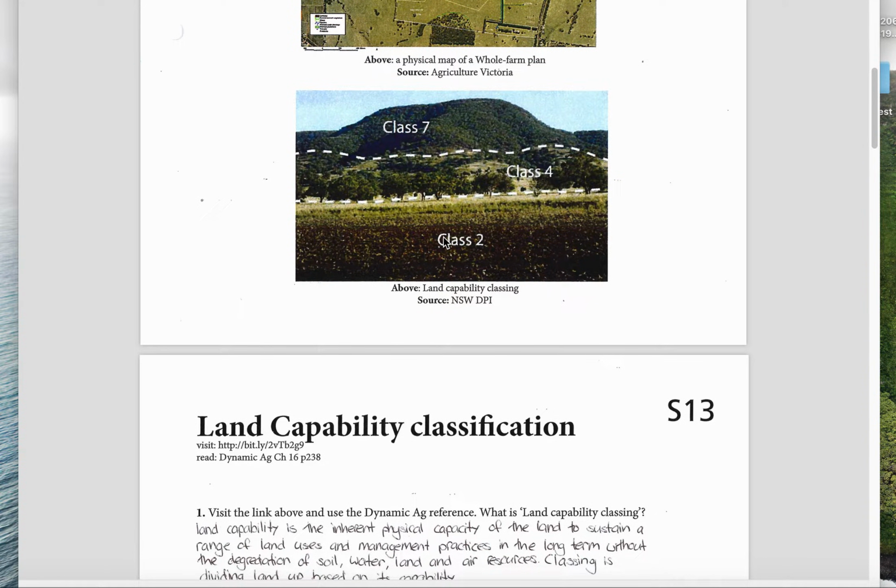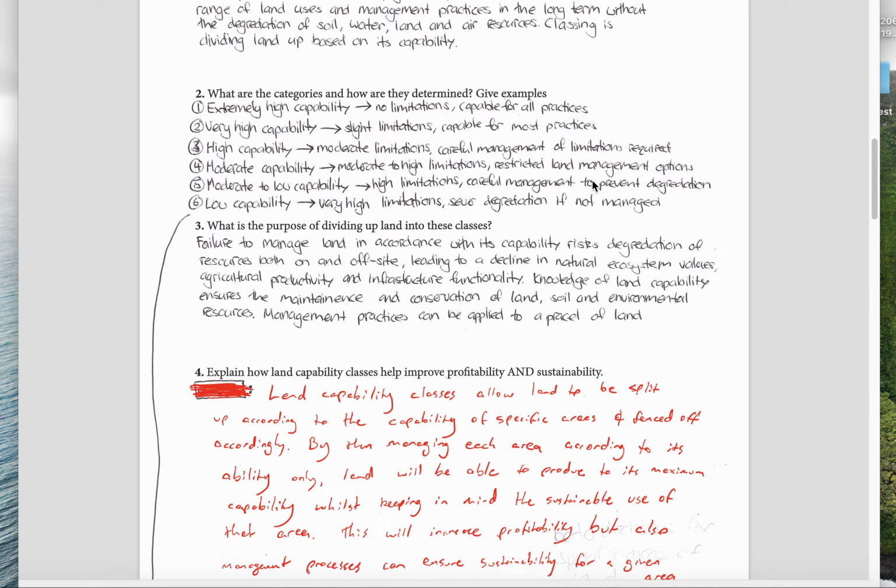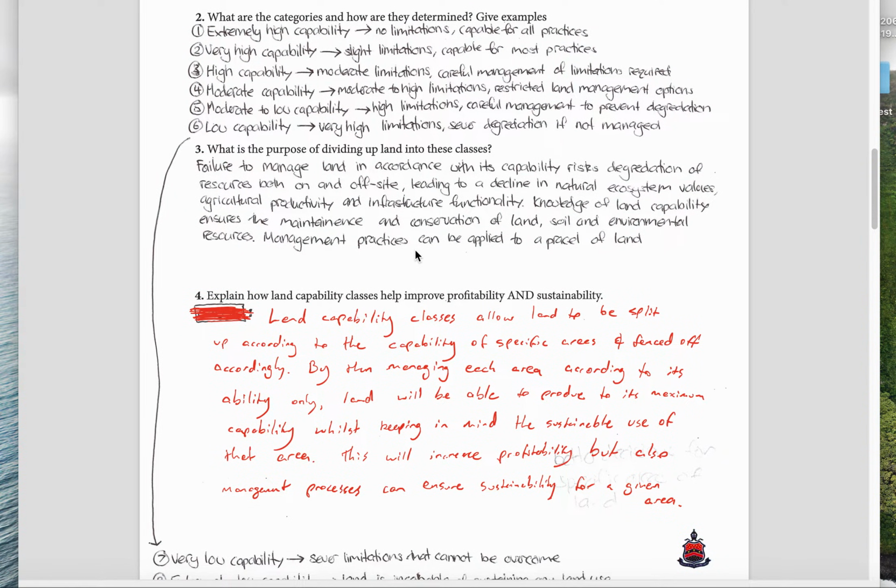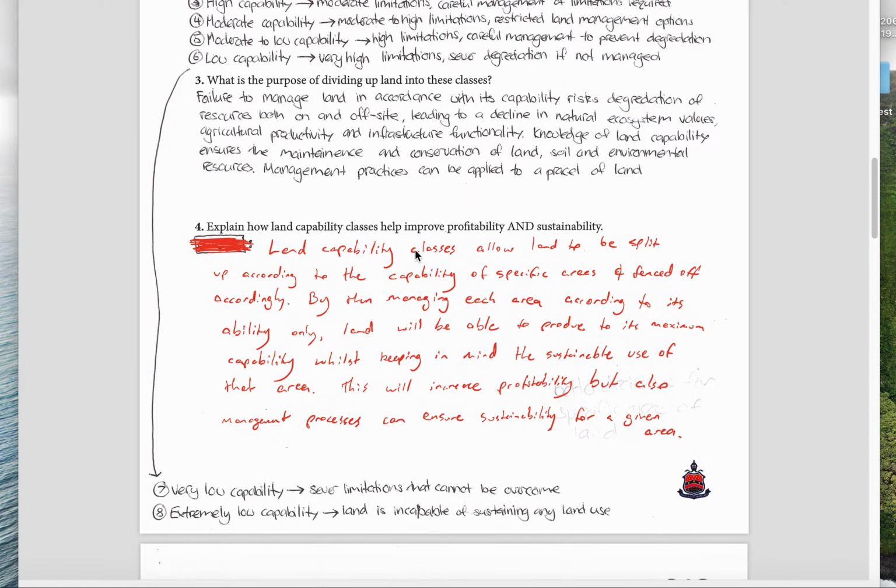You also want to help increase your profitability, and this area is probably not great for grazing because it's really great for cropping, and you could make a lot of money out of cropping here, whereas you can't do cropping here, so it's better to fence this off and probably have livestock on here. So that's the reason why we want to divide the land up into those areas.